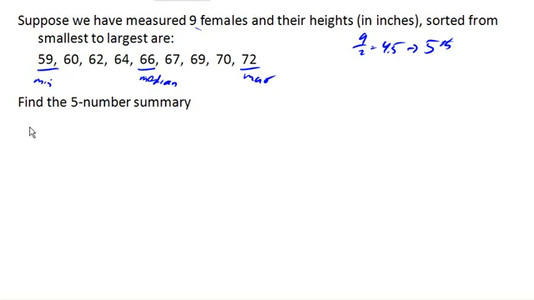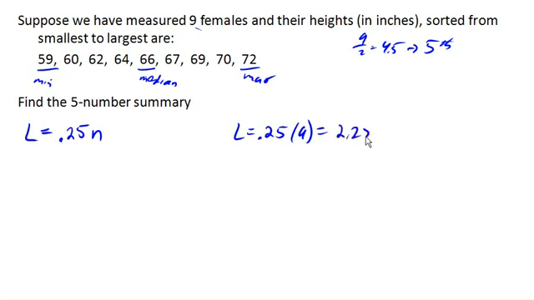Now, remember that the quartiles are supposed to divide the data into quarters. And so we're going to figure out where is 1/4, or in other words, 25% of the data values. So in this particular case, 0.25 times 9 is 2.25.